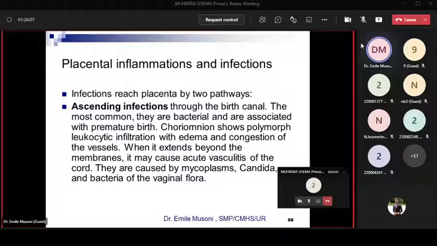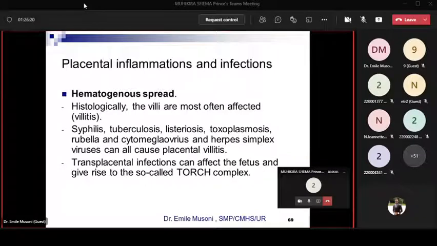For the placenta, you can have some inflammation caused by microorganisms, mycoplasma, candida, or other bacteria from the vagina. This one is not even interesting.